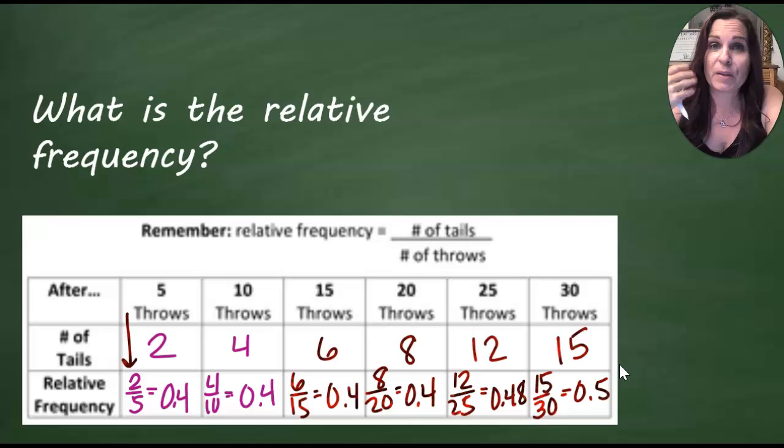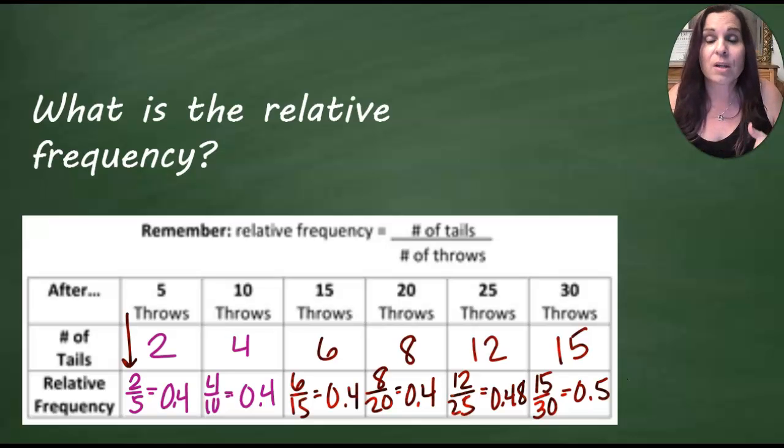If I were to perform this experiment 100 times, if I were to flip that guitar pick 100 times, I would get a little closer. If I were to do it 1,000 times or 10,000 times, then I would get really, really close to 0.5. As the number of flips increases, or the number of throws gets larger and larger, the closer my experimental probability will get to my theoretical probability.